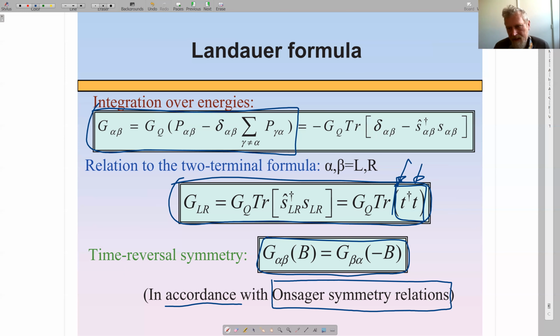It is a funny property, and it relies on the presence of thermodynamic equilibrium. So if you measure these conductances in a system which is in thermal equilibrium, then if there is time reversibility, the matrix of conductances is symmetric.